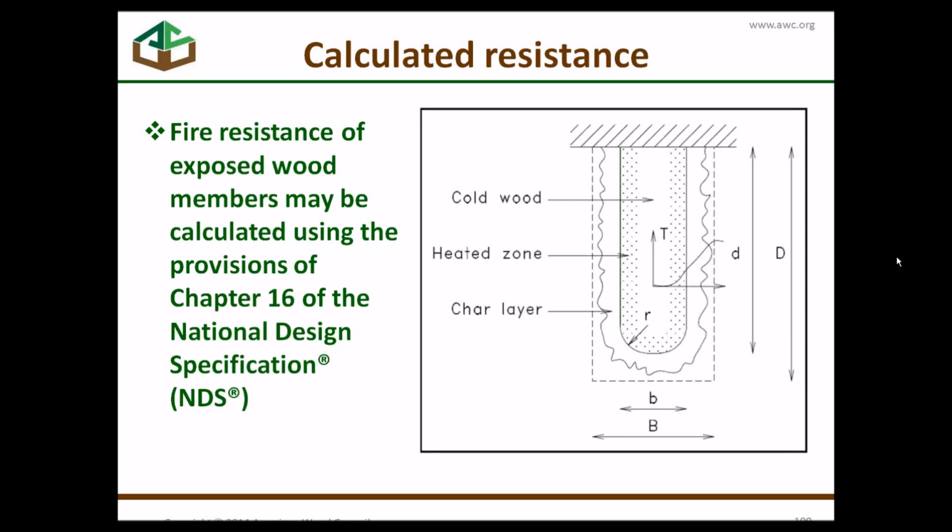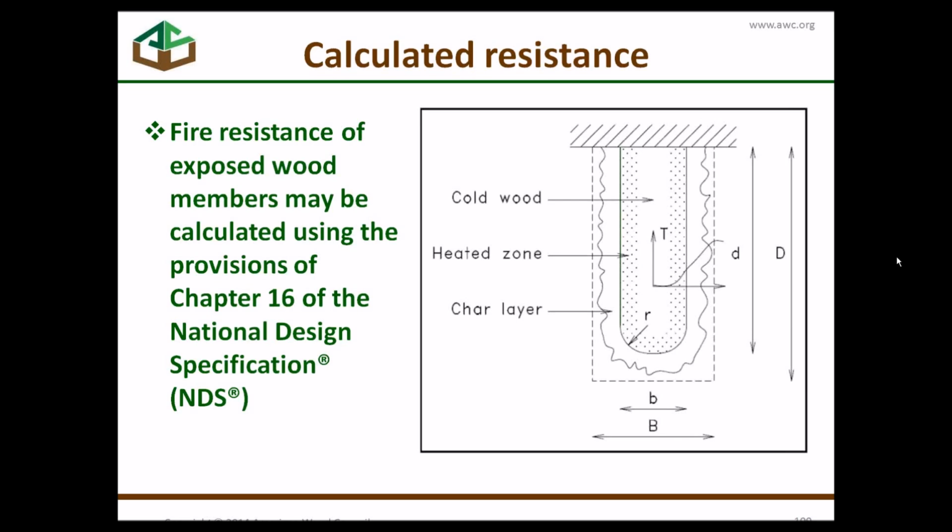If you look at the 2012 code, 703.3, it doesn't say approved sources, it just says sources. That's a typo. It does have to be an approved source, and all the code officials listening will tell you that means the code official has to be okay with the source that you use for fire resistance designs.